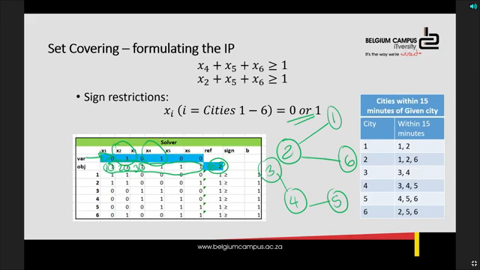Are there any cities left that should be covered, or are they all covered? Even though there's no link between all of them, it doesn't matter. Yes, all of them are covered by fire stations. Where are they built? In City 2 and City 4. Right.